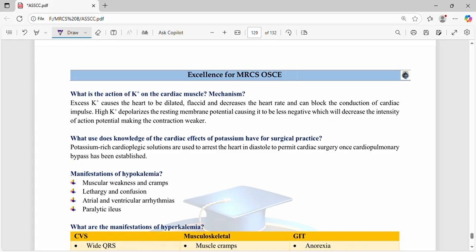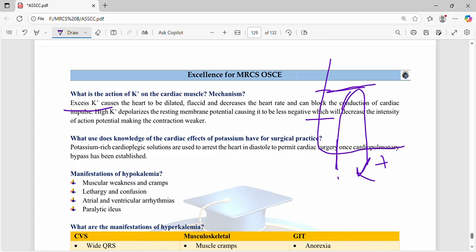So what will happen is that we have the action potential. Let's suppose we have a normal threshold. If there is excess potassium outside the cardiac membrane, the threshold will increase, because we know that potassium inside is high.